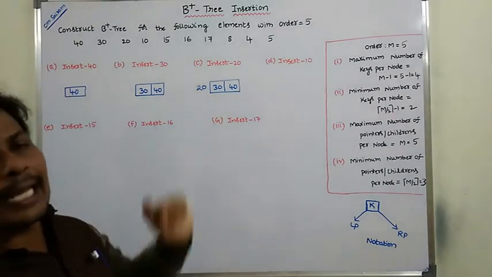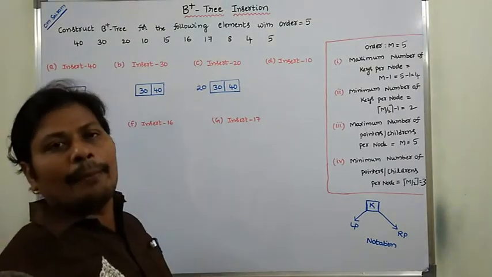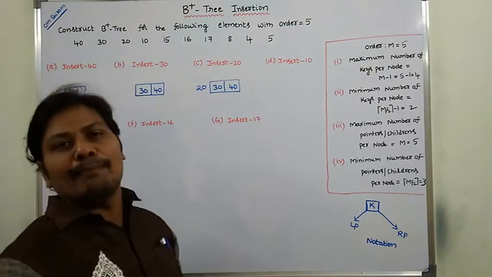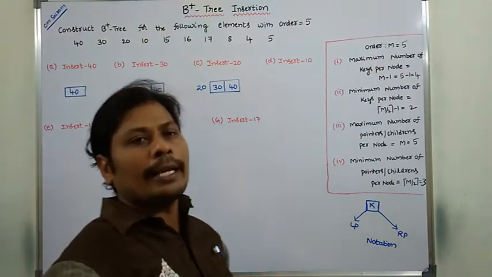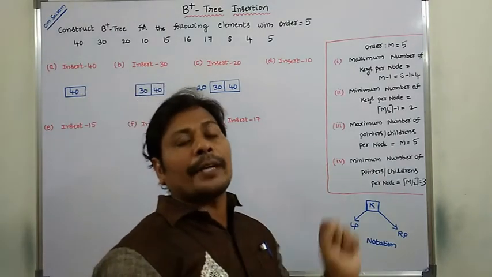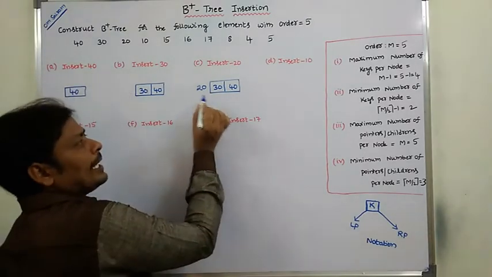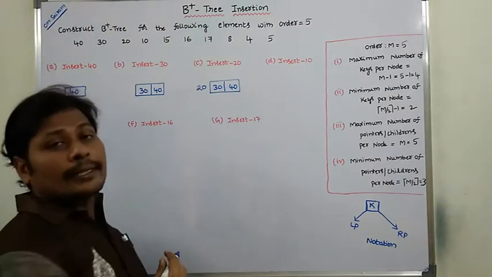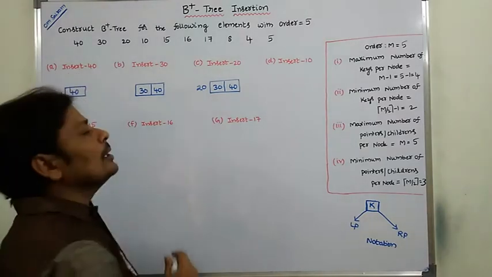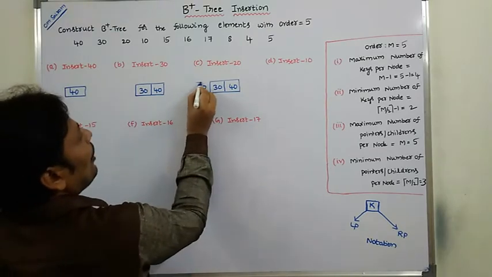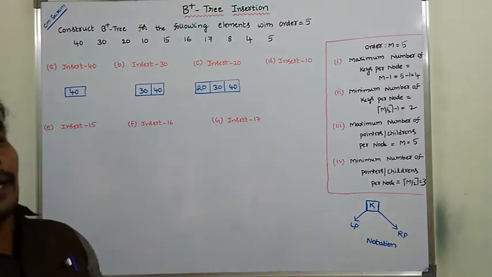Now can 20 be inserted into the same node or not? In a B plus tree of order m equal to 5, the maximum number of key elements for a node is equal to 4. After inserting 20, this node contains 3 key elements, so 20 can be inserted into the same node before 30. Now after inserting 20, this is the resultant B plus tree.